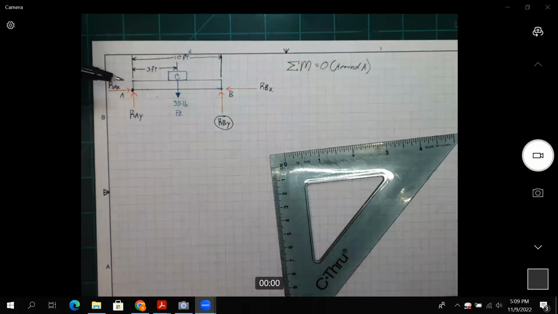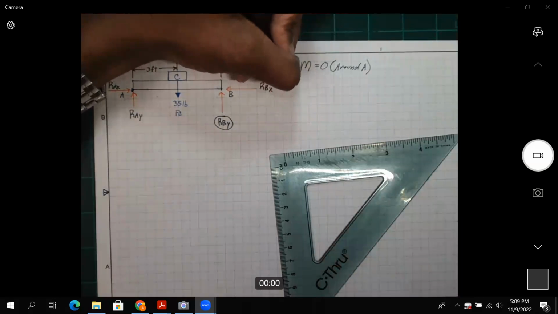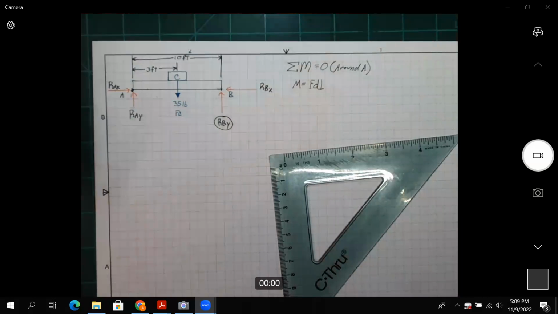We already know our moment equals force times the perpendicular distance. So what we're trying to do is find all the moments for each force acting about joint A.